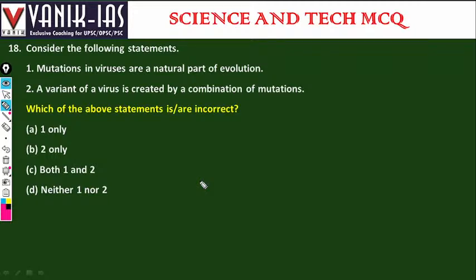Which of the following statements are incorrect? Mutations in viruses are natural, this is correct. A variant of a virus is created by a combination of mutations, yes, this is correct. So both statements are correct. Neither one nor two is an incorrect statement.